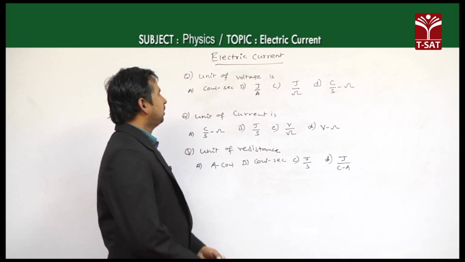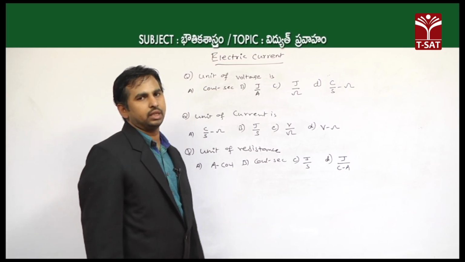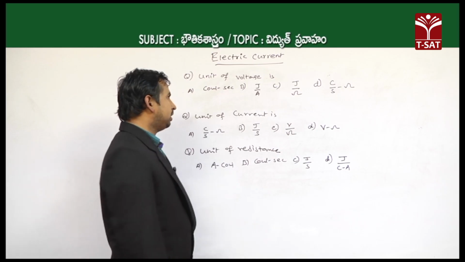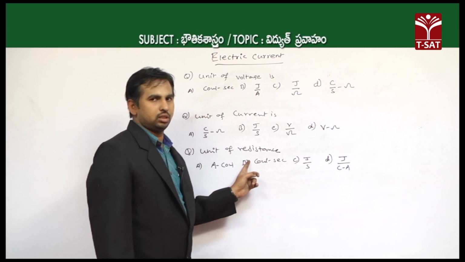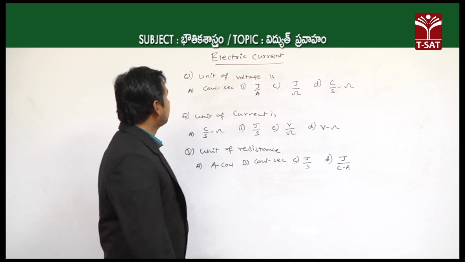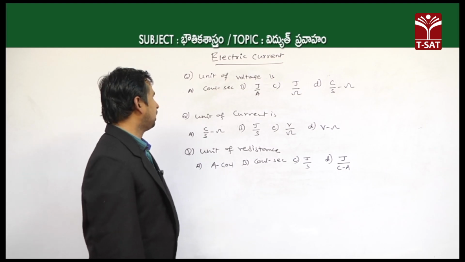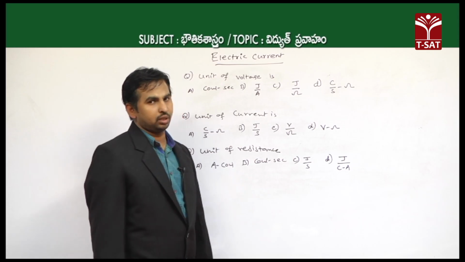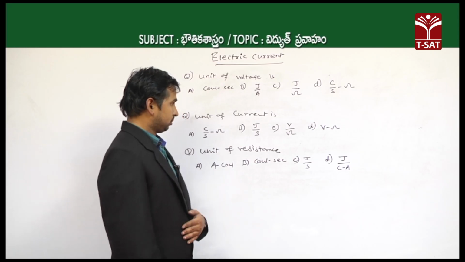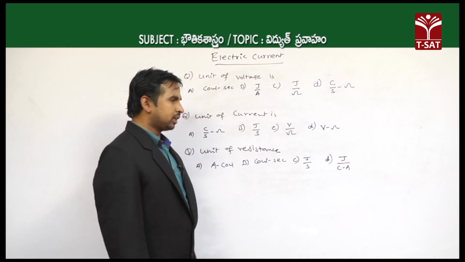Now we will see the different questions on units, and how they ask them in the exam. About the units of the three cases, we have the voltage unit, current unit and resistance unit. In the first question, the unit of voltage: option A is coulomb second, option B is joule per ampere, option C is joule per ohm, and option D is coulomb per second and ohm.